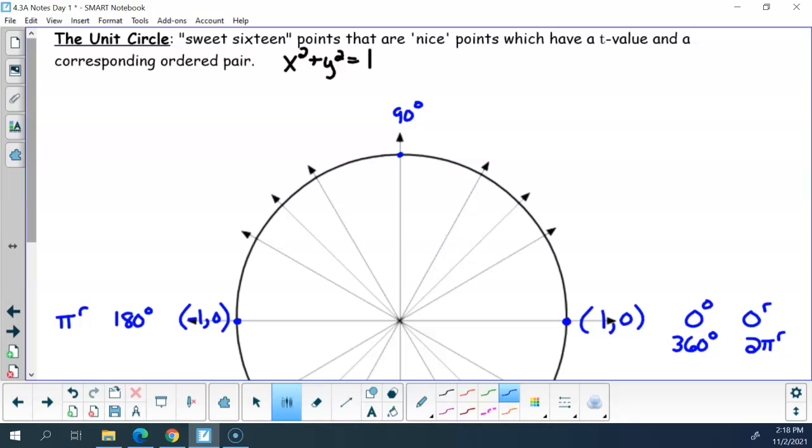Radians, pi over 2, because it's half of pi. Coordinates, 0, 1. Good so far?